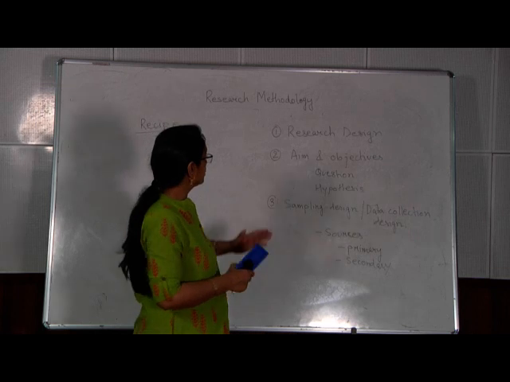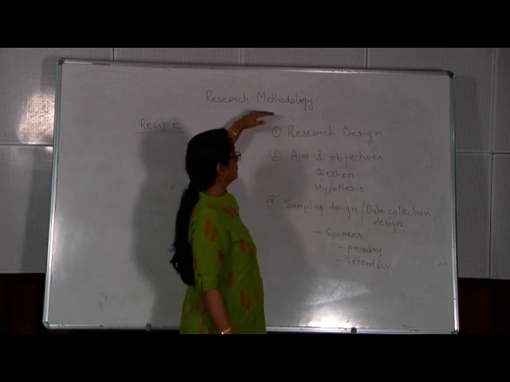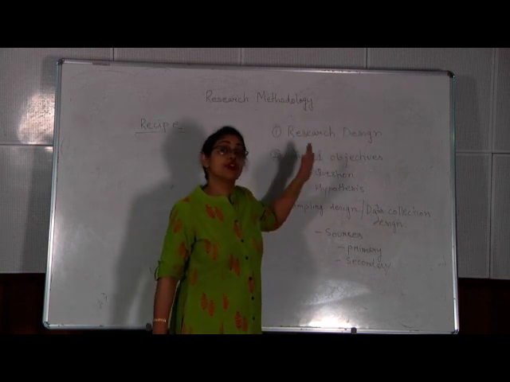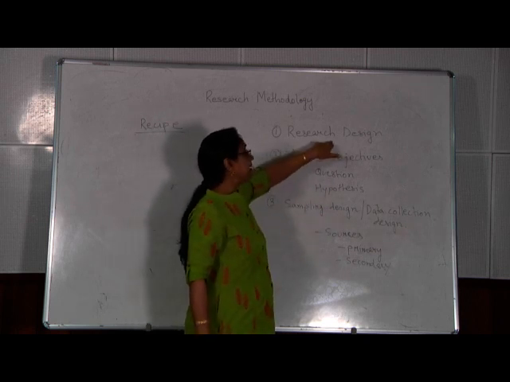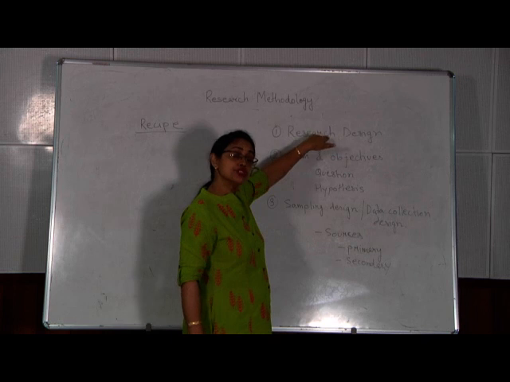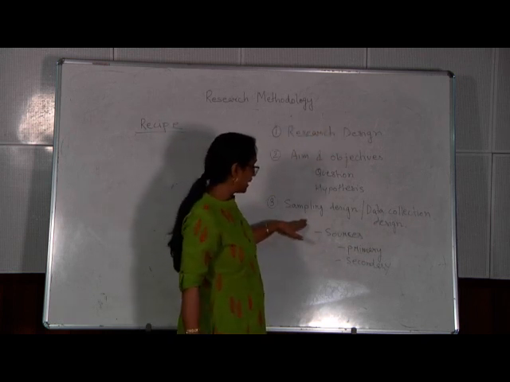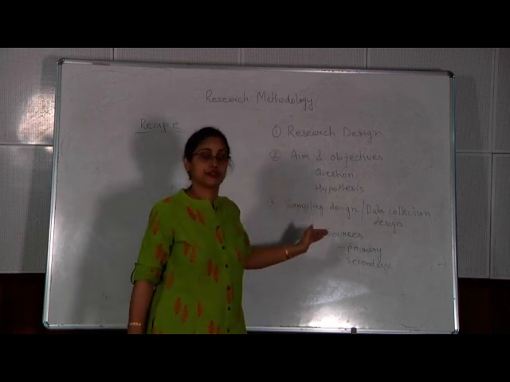So in the research design, I have to justify, because as I told you, the difference between method and methodology is that your methodology is appropriate for your research. So every time you have to justify why this research design is the most appropriate research design for your research. Similarly, you have to justify why this sampling is the most appropriate sampling technique for your research.